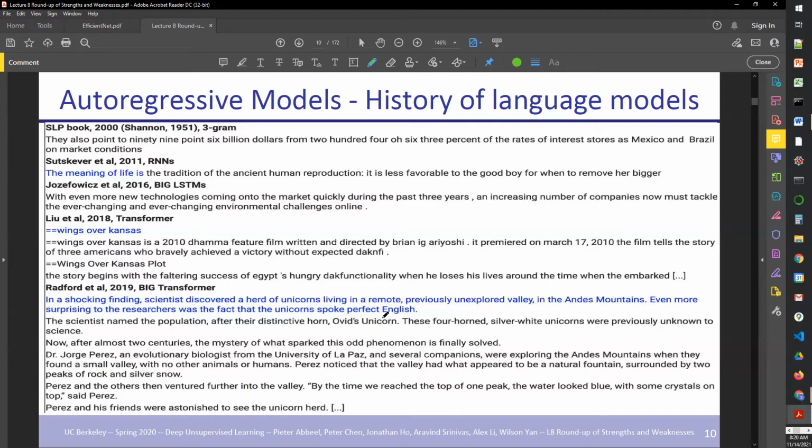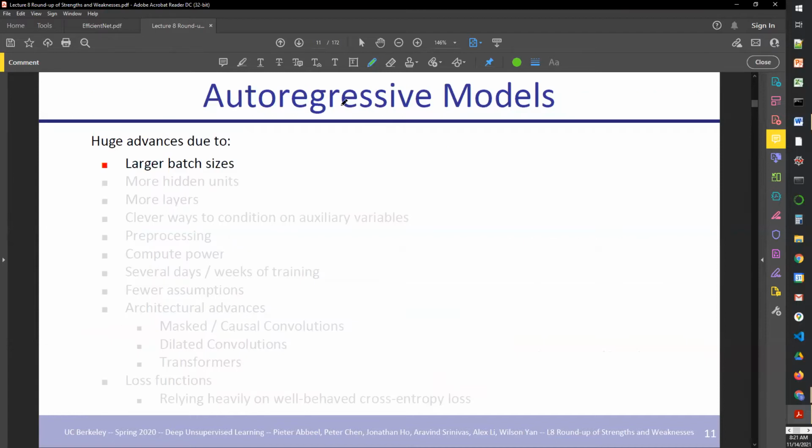So that's the entire history of autoregressive models in NLP, which have shown the results of all the work that's gone into improving these models. Now, if we consider what has led to these advances, there are significant contributing factors.